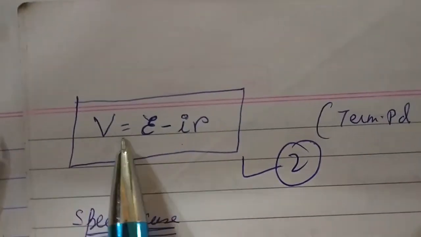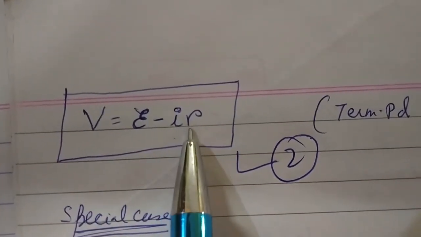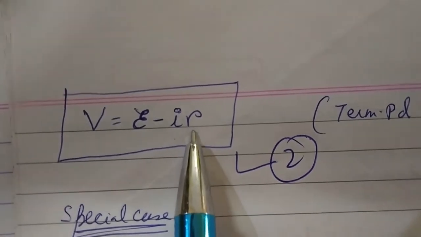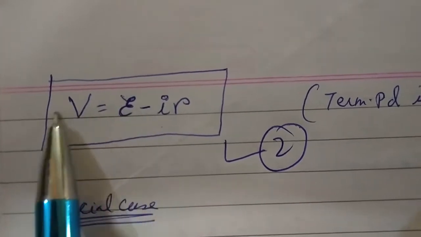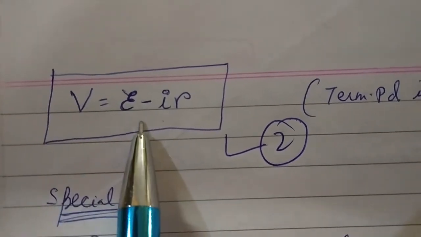Now from here again we'll find out the value of small r, internal resistance. So we will take this Ir on the other side.